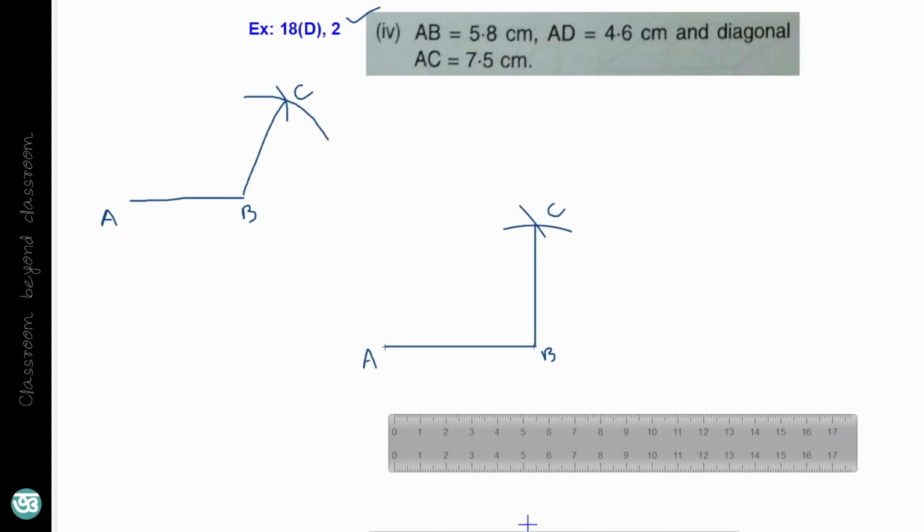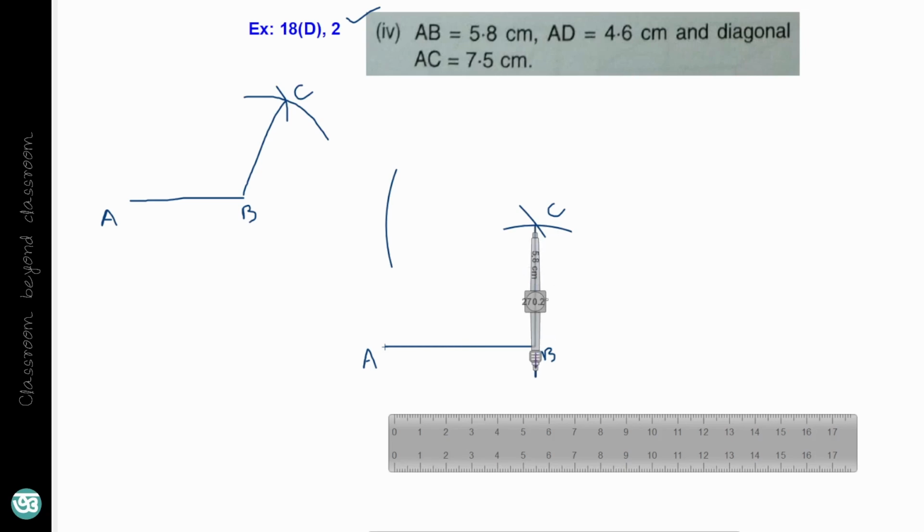So once we join BC, then we can get the point D, because CD is equal to AB. So let us draw AB equal to 5.8 centimeter. This is 5.8 centimeter. Take C as the center and draw an arc. AD is equal to BC, and you can take the distance from here also.